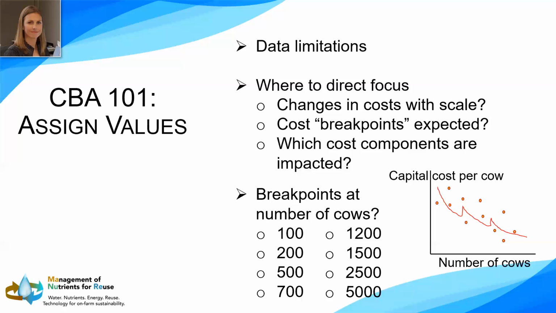So if we look at this little graph on the lower right, if I know that I just need one separator up until 400 cows, and then after that I need two separators, so the cost per cow, you're going to see that sort of quick increase. But just in my data collection efforts, am I going to be able to capture that type of shift, depending on the level of variability there is inherently in costs across farms?